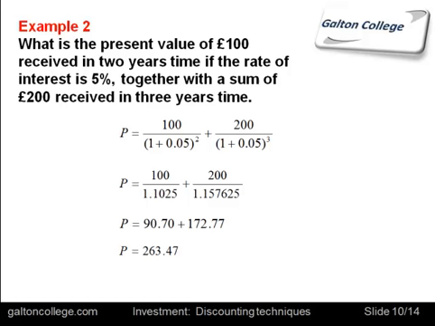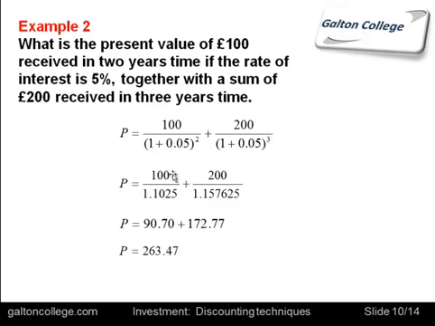Example 2. What is the present value of £100 received in 2 years' time if the rate of interest is 5%, together with a sum of £200 received in 3 years' time? Well, it's the same formula. £100 at 5%, and we get that in 2 years, so the little term here is 2. Plus, we get £200 after 3 years, 5% there.